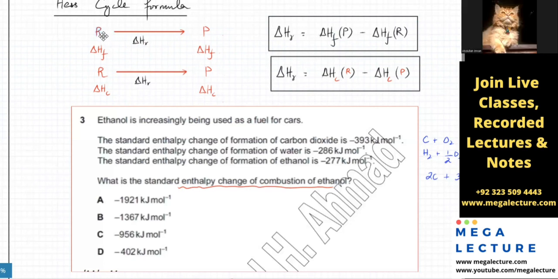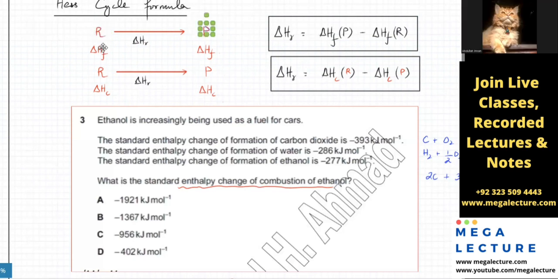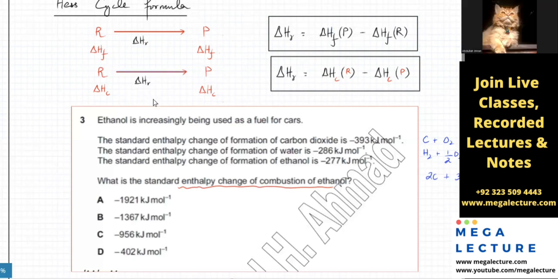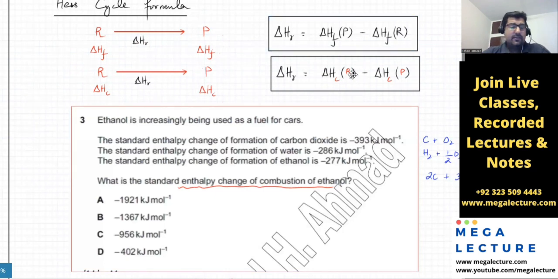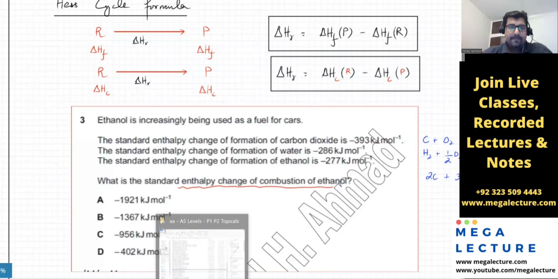We don't care what the reactants are. We don't care what the products are. We don't care what the equation is. It all depends on the data that's given. If you're given the enthalpy of formation of the reactants and enthalpy of formation of the products, use this formula. If you're given enthalpy of combustion of the reactants and enthalpy of combustion of the products, use this one. Okay? Clear here? We'll start doing questions now.